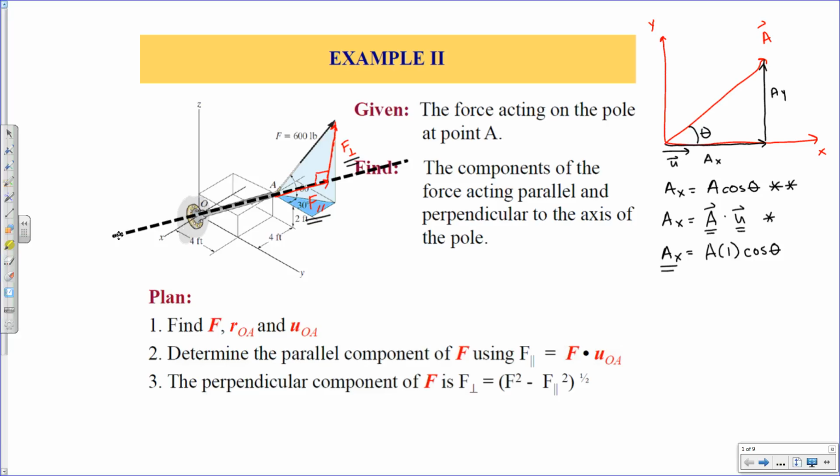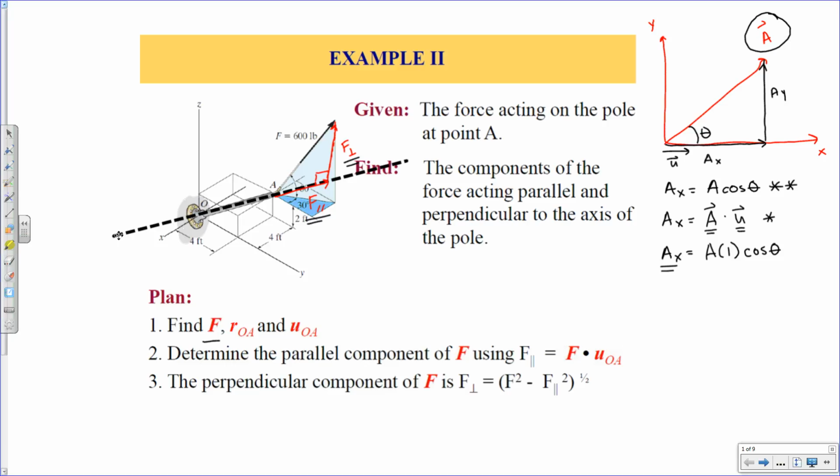Okay, considering that, let's look at what the plan of action is for this particular problem. We want to determine the force in terms of i, j, and k components. That makes sense. That's analogous to our vector A that we've included up here.